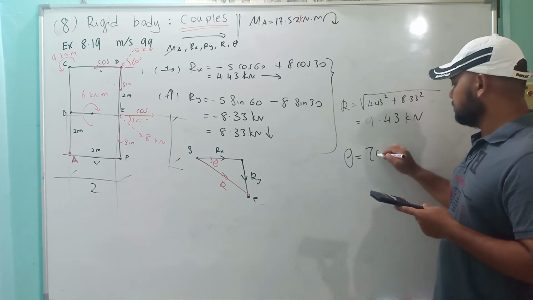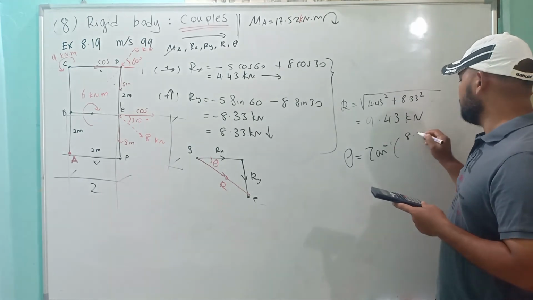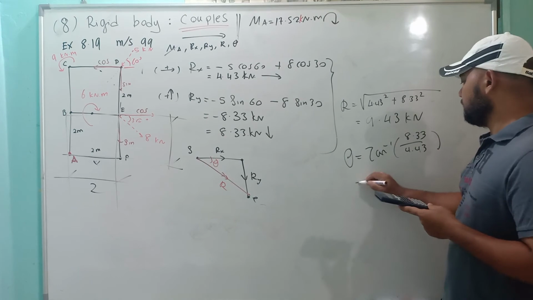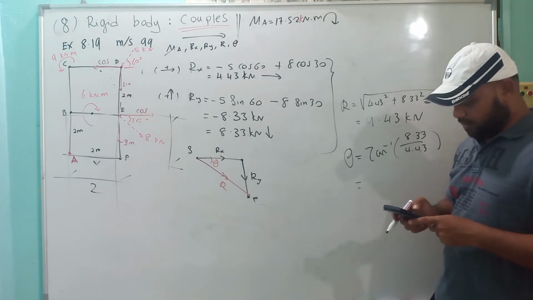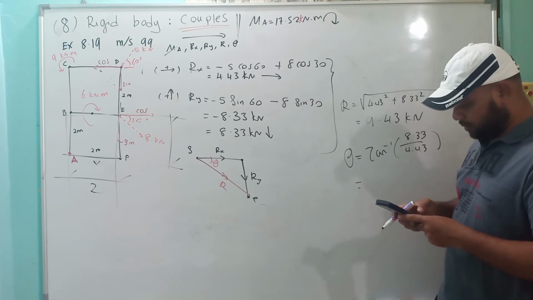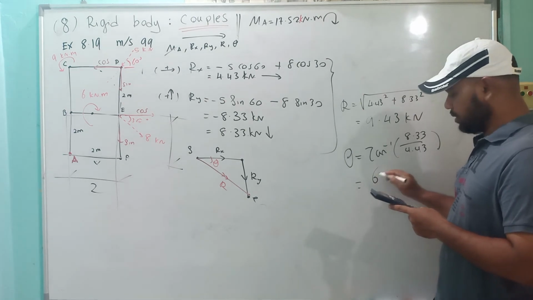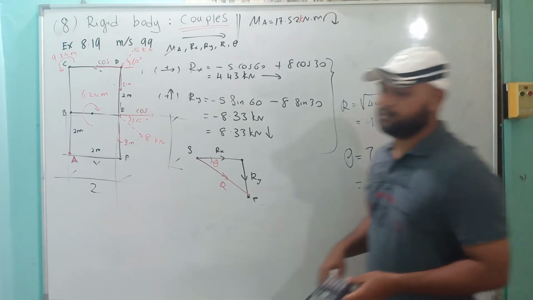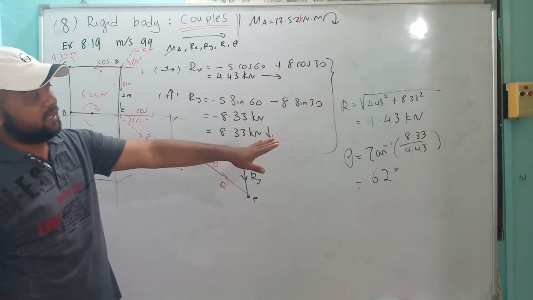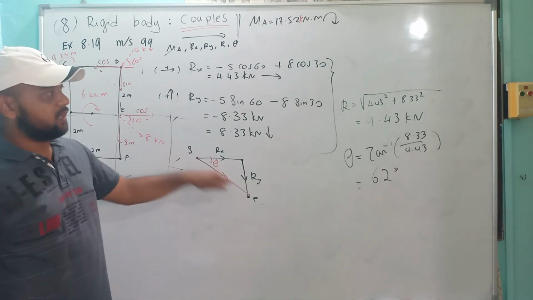Theta equals tangent inverse of y divided by x, so 8.33 divided by 4.43, which gives 62 degrees. So R equals 9.43 kilonewton, 62 degrees downward.